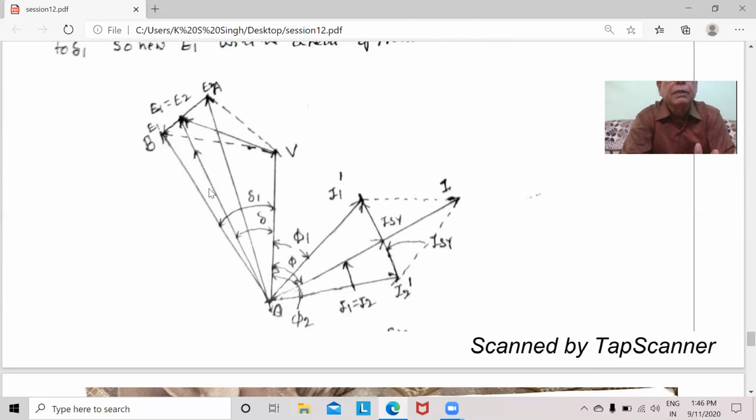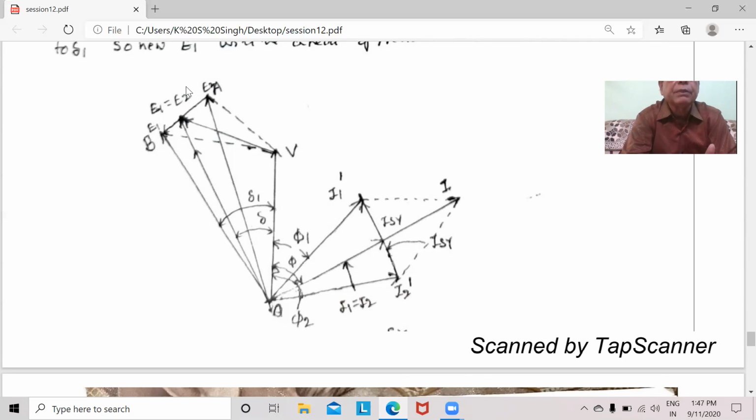Then this phase will decrease, as the other phase is increasing. When it decreases, sin delta will be equal to that of E2. So in this way, the circulating current ISY will flow.